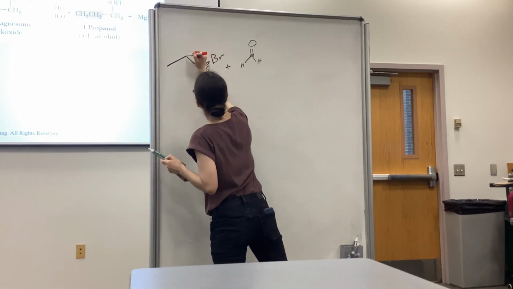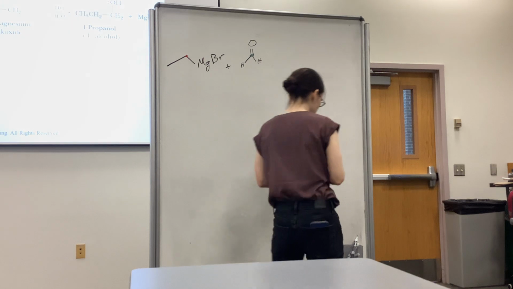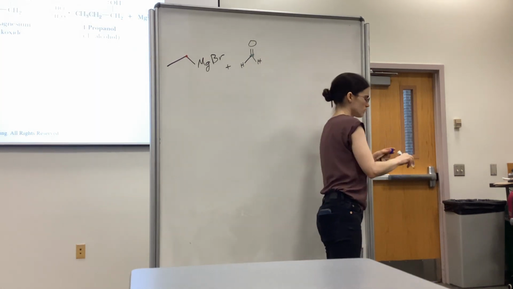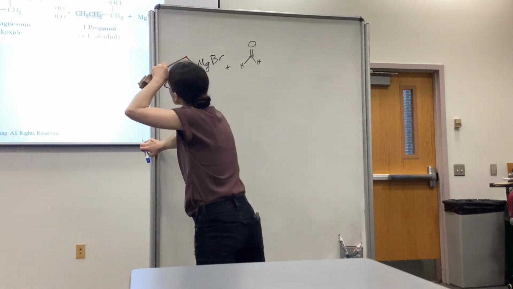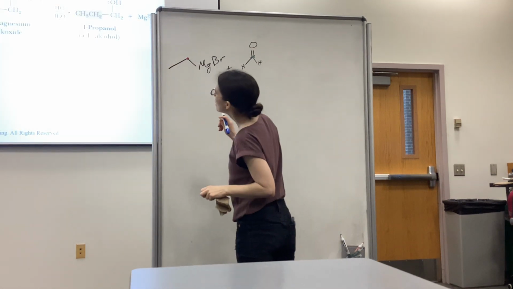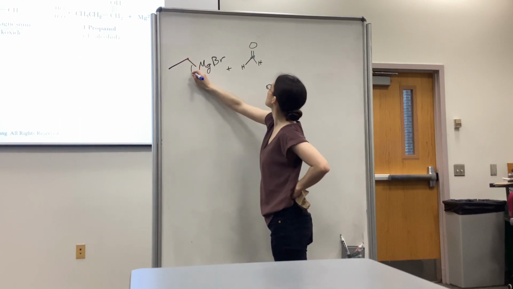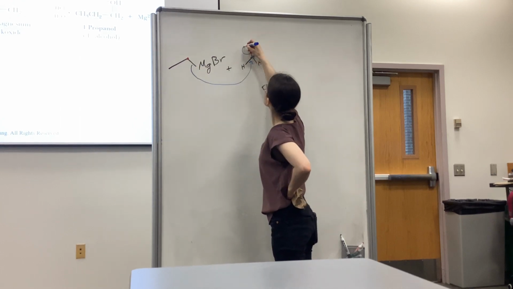That's our electrophile, and this guy is our nucleophile, right? So the first thing we're going to do is the nucleophile is going to go ahead and attack the electrophile.